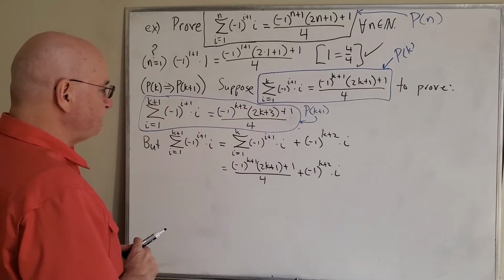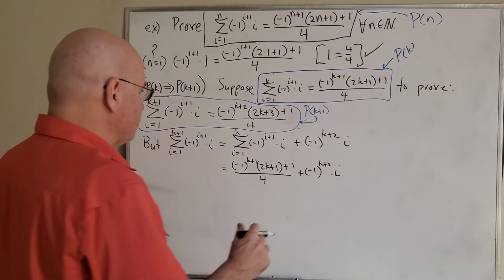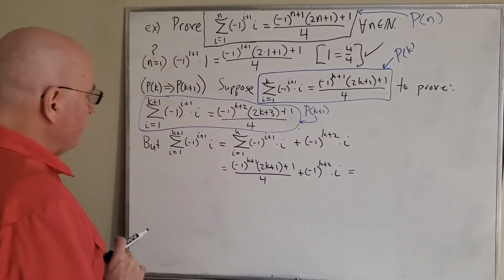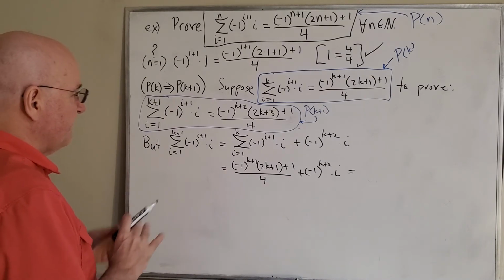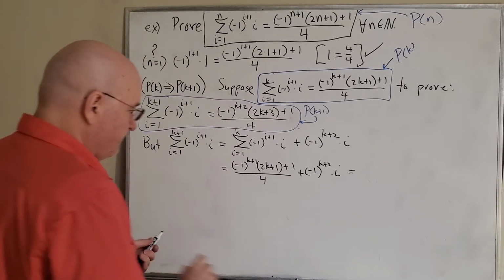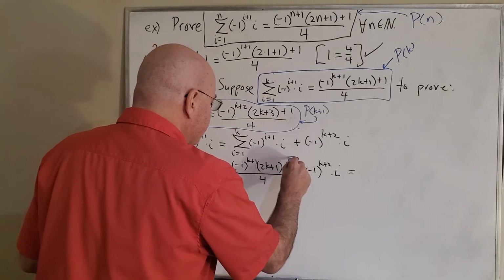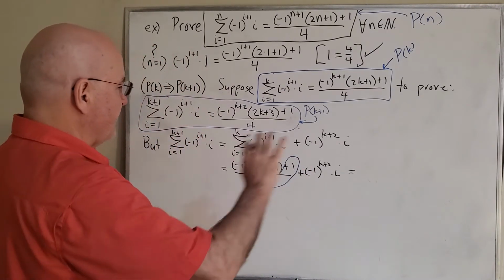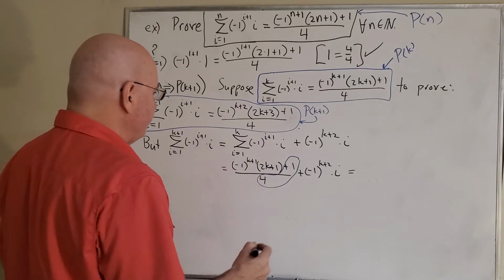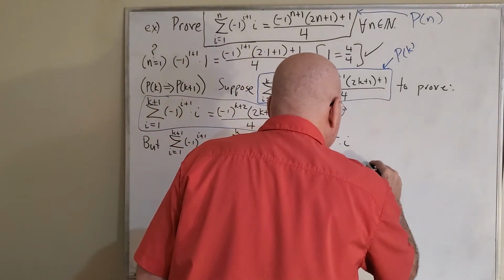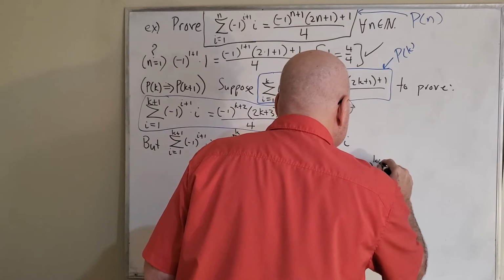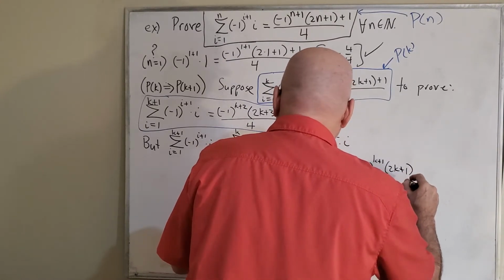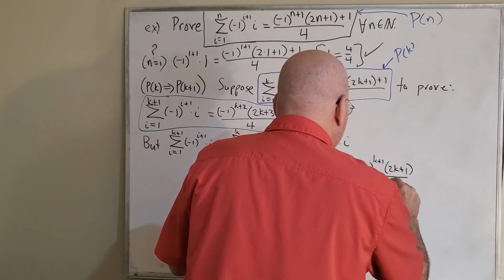I think I'm going to go to the right here to save some room. And let's see, I think I'm going to do first just a little baby step. Notice, I'm going to get rid of this. That's the same as 1/4. I'm going to break this up into two fractions. So negative 1 to the k plus 1 times 2k plus 1 over 4.